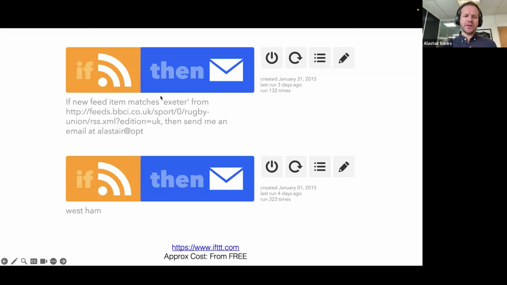This one says, if the BBC website, the main broadcaster in the UK, on its rugby pages, and I'm a rugby fan, mentions the word Exeter, I want you to send me an email. Exeter Chiefs is my rugby team, the one that I support.